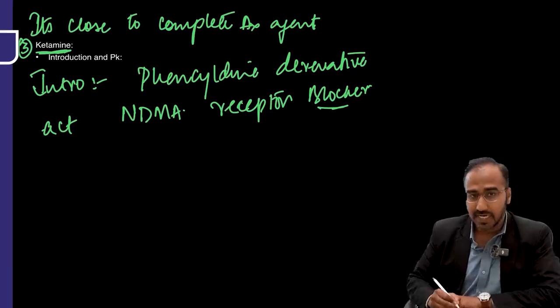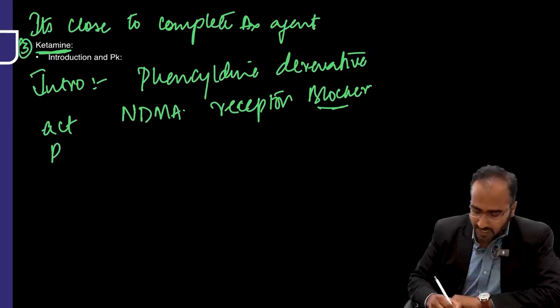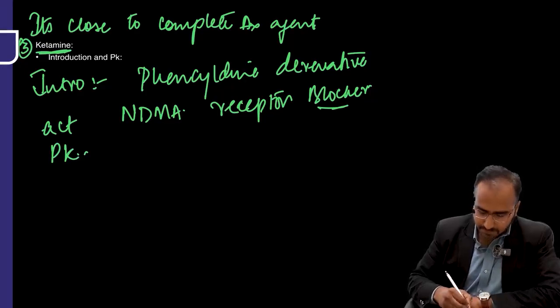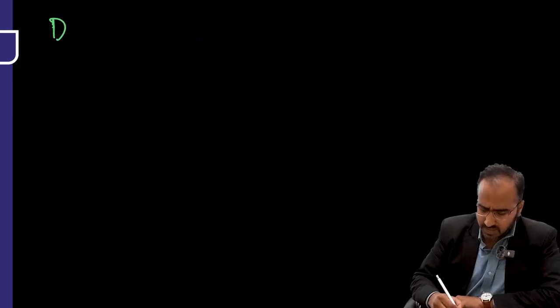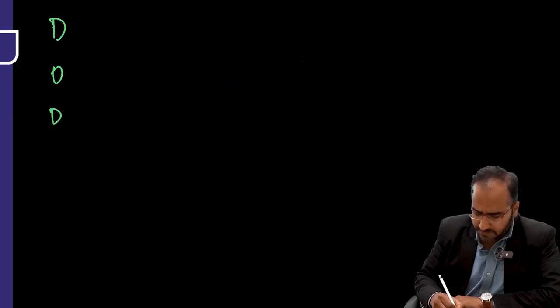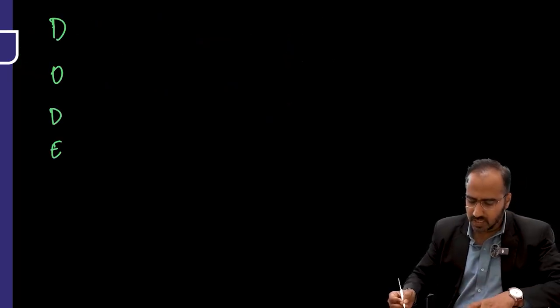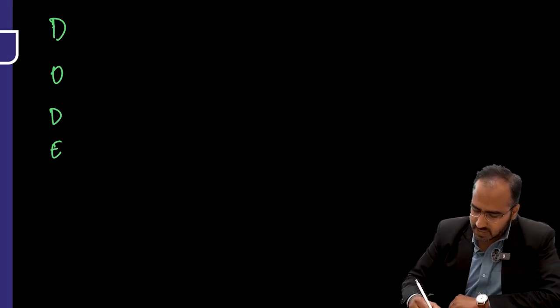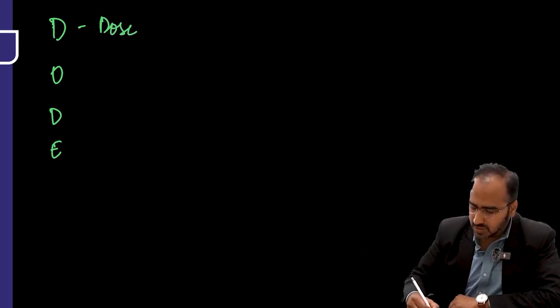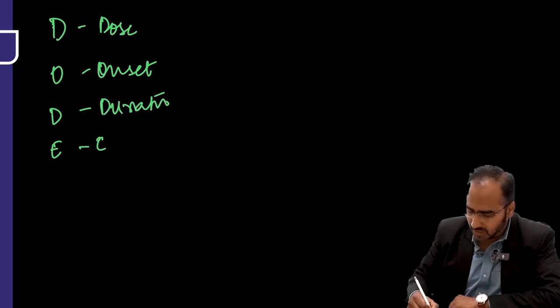Now guys, we need to remember the pharmacokinetics of ketamine. Again we need to remember DODE, in which D stands for dose, O stands for onset, D is duration, E is elimination T half.